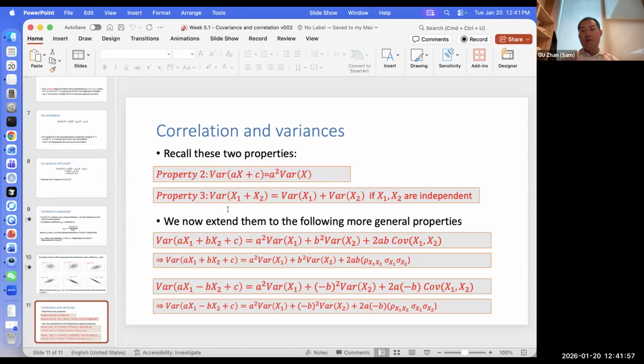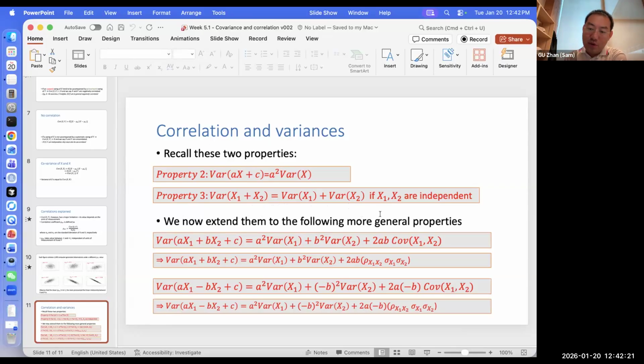For two variables X1 and X2, if we add them together and calculate the variance under the assumption that X1 and X2 are independent, then the variance of X1 plus X2 is equivalent to the variance of X1 plus the variance of X2. This is established when X1 and X2 are independent.